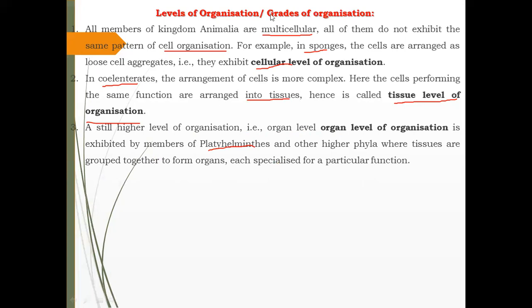You know, if you try to understand again, sponge is cellular level of organization, only cells are coming together and make an animal. Then after the development of animals, for example, higher phyla, coelenterates, they show a number of tissues, they come together and make tissue, that is called tissue level of organization.